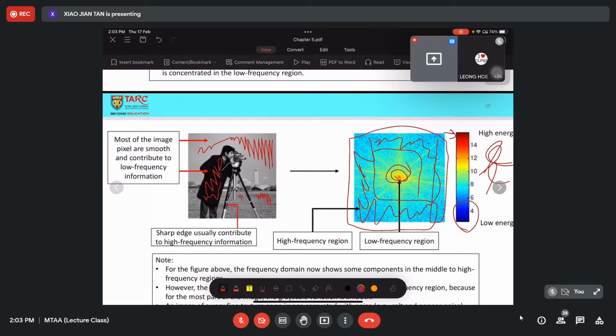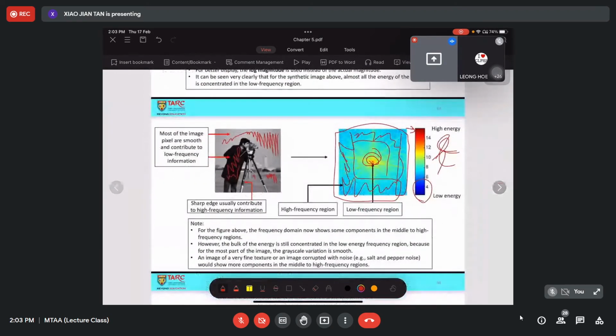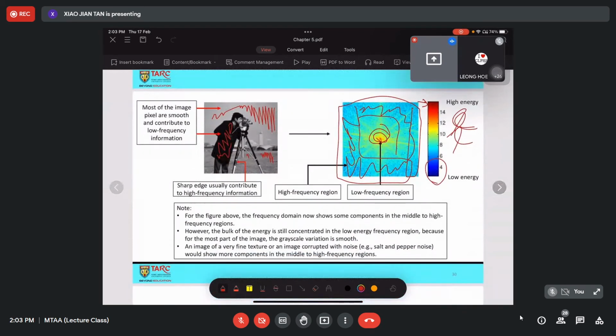So that is why you would expect something like this. Most of the image pixels are smooth and contribute to low frequency information, so you have a red color at the center point. Sharp edges usually contribute to high frequency information, and the boundary is the high frequency information.